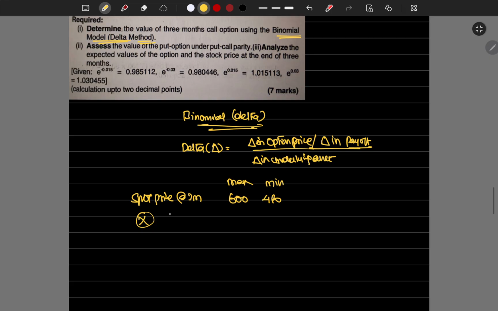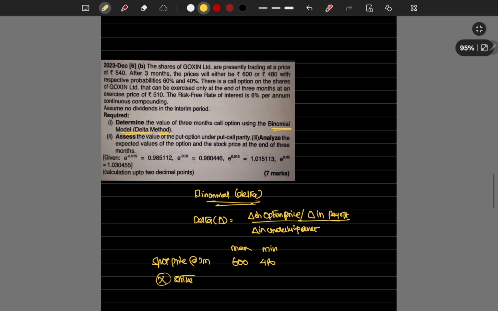What's the strike price? Strike price is how much in this question? Presently, okay, we haven't read the question itself. Okay, one minute. Current market price, which is spot price today, which is rupees 540.